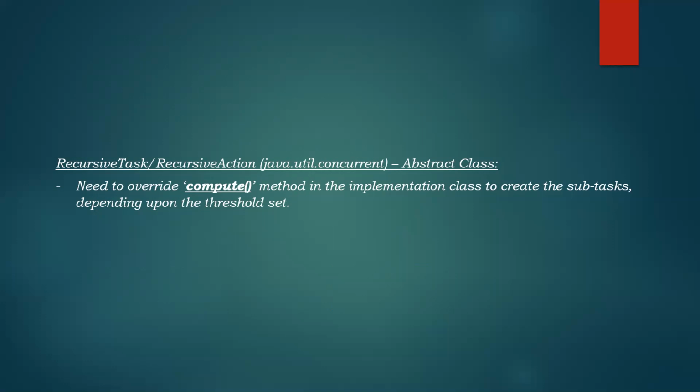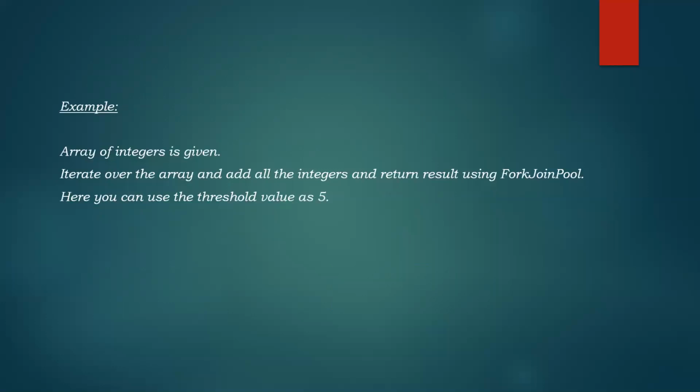Now we'll see a small example. Given an array of integers, we iterate through the array, add all the elements, and return the result of the addition using ForkJoinPool.